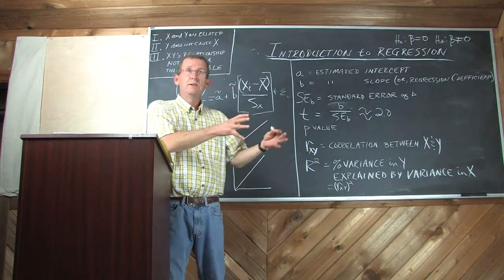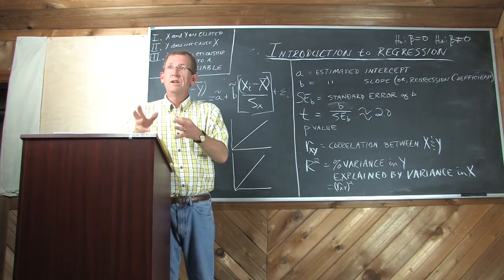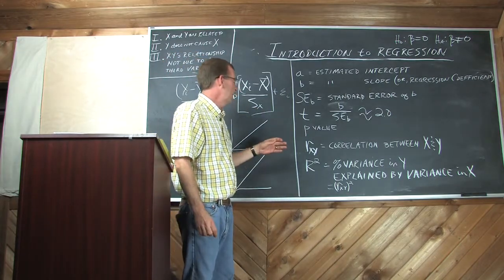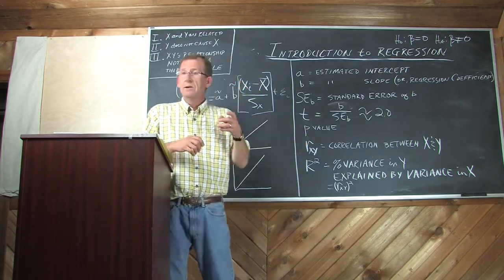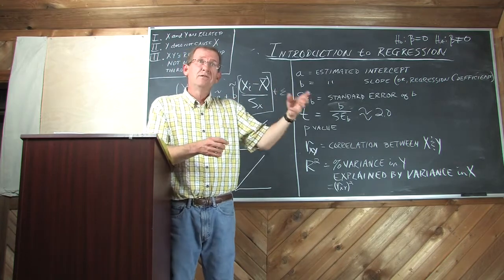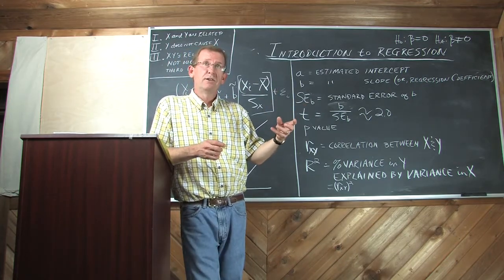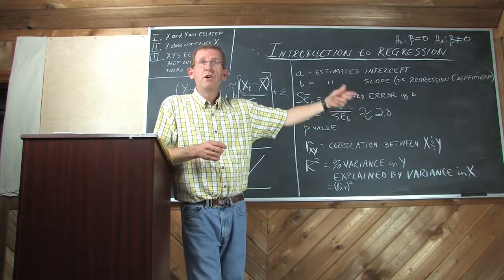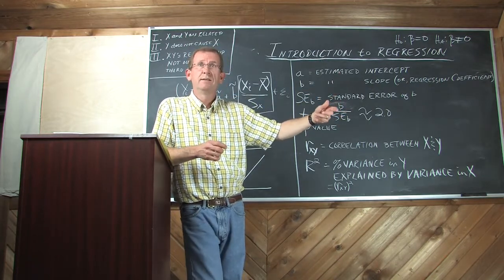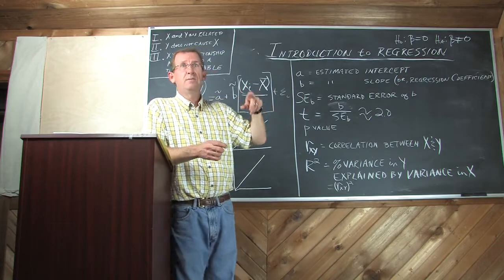The p-value in this context is the same definitionally as it has been in other contexts. The p-value is telling us the probability that we would find as extreme a value as the one we observe for B if we continue to sample over and over again with the same sample size, and the null hypothesis was true.